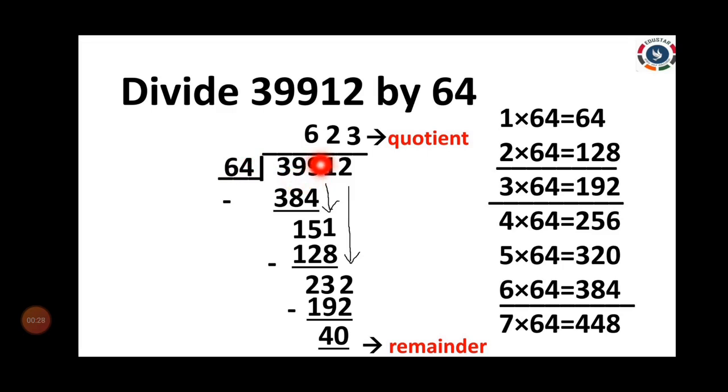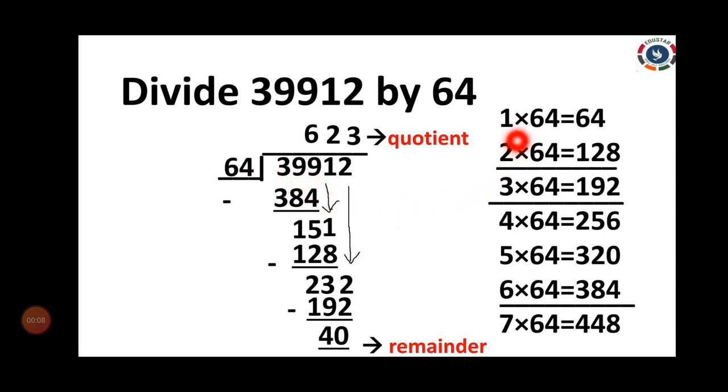Can you tell how many times 64 is there in 39? No, we can't say, because 39 is lesser than 64. The dividend is lesser than 64. So what do we want to do? We want to take one more digit, 9. Okay, 399. Here, how many 64s are there in 399?